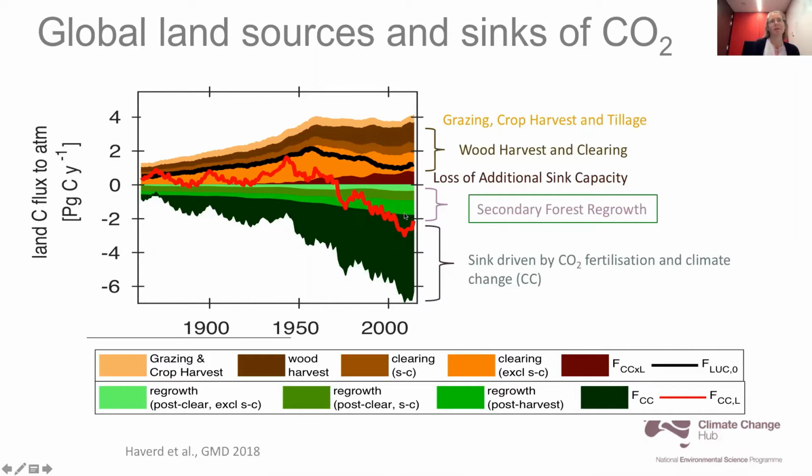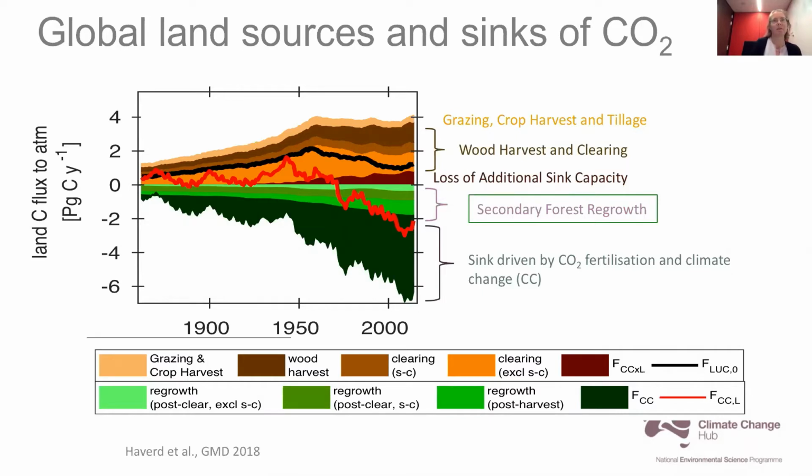In this case, our sink is predominantly this environmentally induced sink in the dark green patch. That's largely the effect of CO2 fertilisation on land, but also climate change, and particularly lengthening of growing season in the Northern Hemisphere at high latitudes. But in addition to that environmentally induced sink, we also have an anthropogenically induced sink, which is secondary forest regrowth.